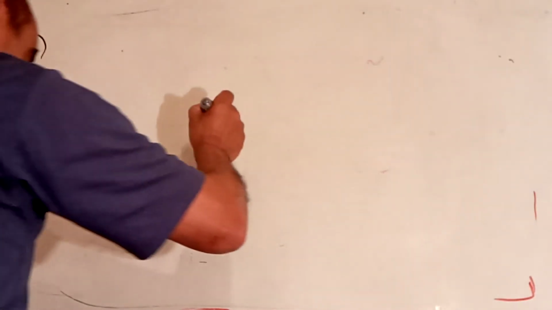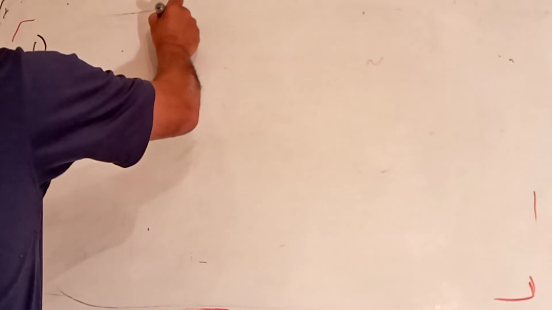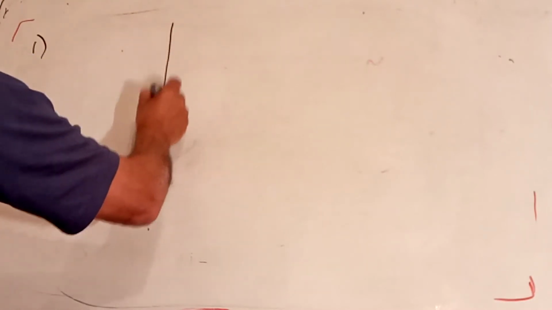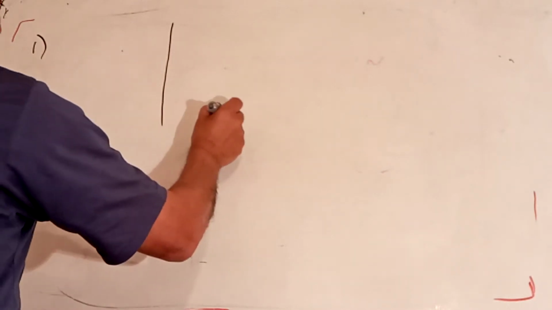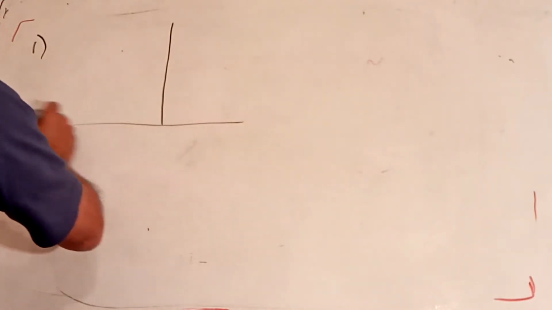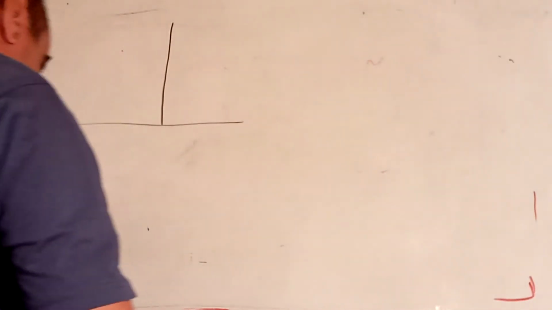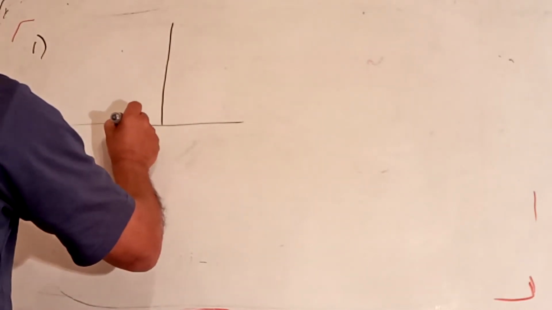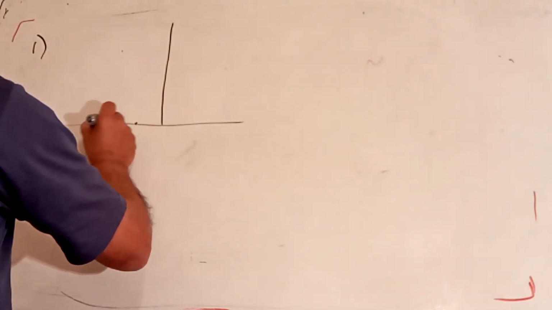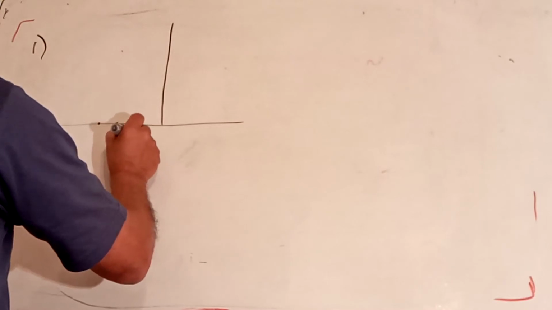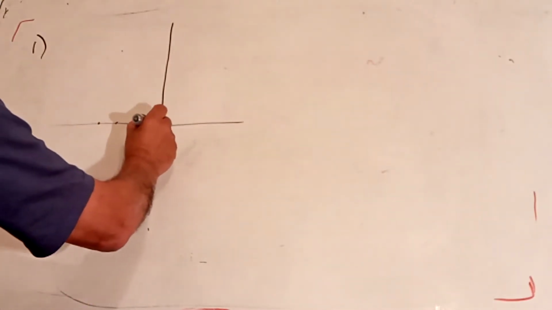Let's start. This is the y-axis. The vertical is the y-axis, while the horizontal is the x-axis. Let's see this shape. Okay, 1, 2, 3. This is -1. If you are going to the left, this is 0.